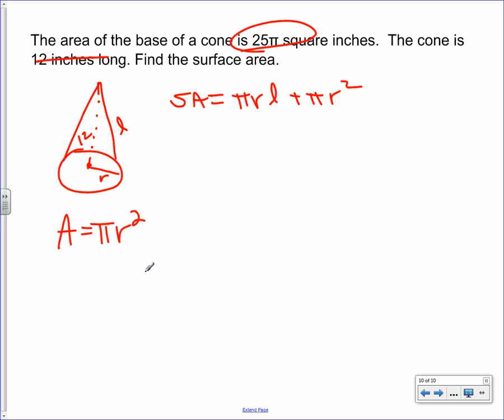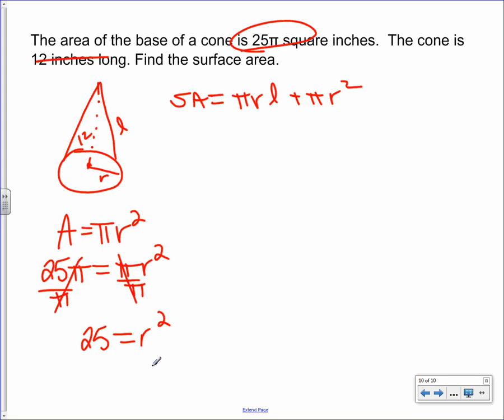It's pi r squared. They said it's 25 pi. If I solve this, what am I going to find in a moment? A radius, right? So divide by pi. I don't care how intimidating that is. It just cancels out. So 25 equals r squared. What do I do to both sides? Square root. So the negative doesn't make sense. So the radius is 5.